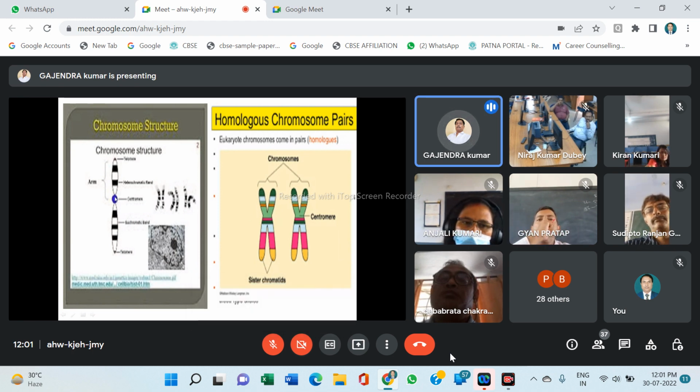In the center there is the centromere, and both arms have DNA and chromatin fiber. When two chromatids unite together with the help of the centromere, a chromosome is formed, and the chromatids are regarded as sister chromatids.